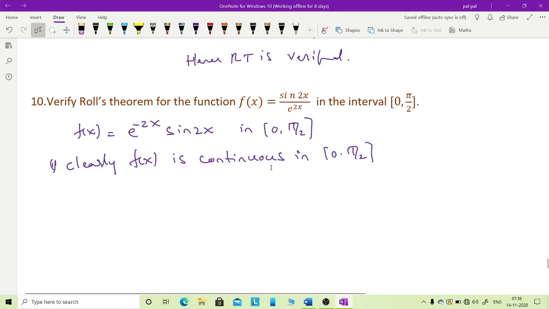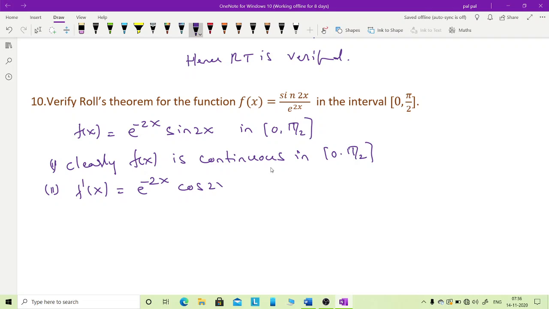Okay, next, differentiability, the second condition. F dash of x is equal to. Here we have to differentiate by using the product rule. Apply the product rule. Keep e to the power of minus 2x as it is. Differentiation of sin 2x is cos 2x.